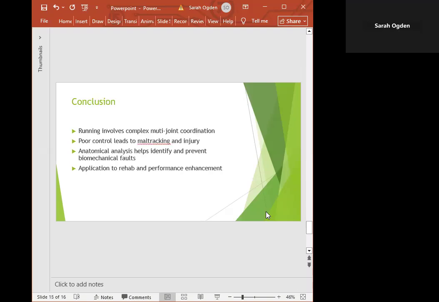So in conclusion, we want to wrap this up. Running is a complex multi-joint activity that places repeated loads on the lower body, especially on the knee. Through this analysis, we broke down 5 key frames of the gait cycle. We identified directional movements like hip flexion, dorsiflexion, and valgus.